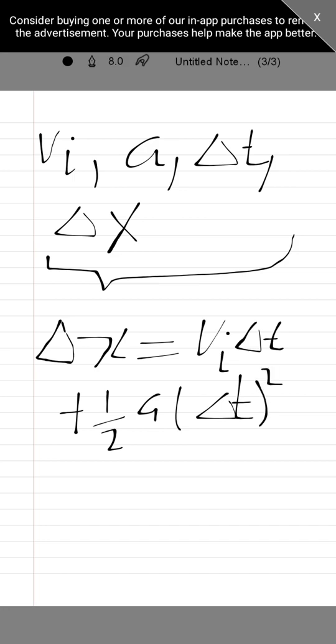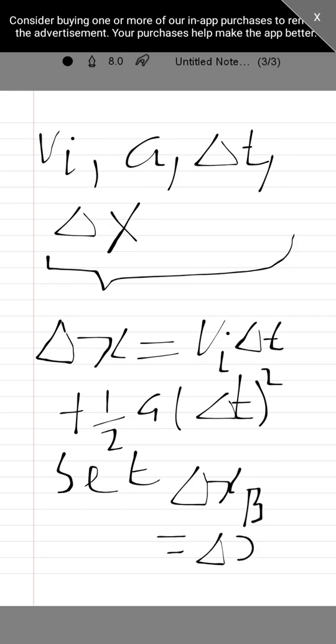So this is the equation, and maybe before we are even set, we need to remember that we need to set x_B equal to x_S.